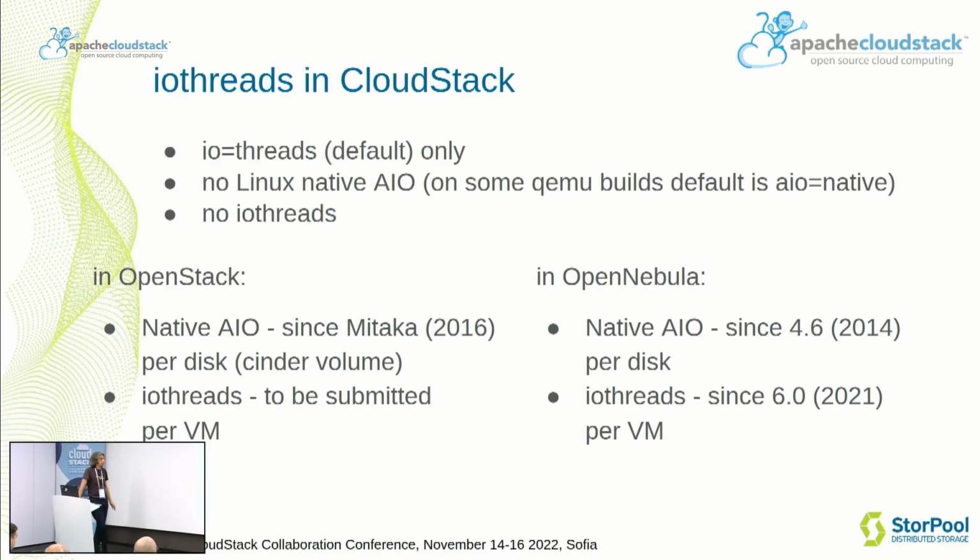OpenNebula has had native IO since 2014, and again it can be controlled per virtual disk. And iothread is included in the main tree since version 6.0, that is from April last year. So again, you can define this per virtual machine, actually per template.